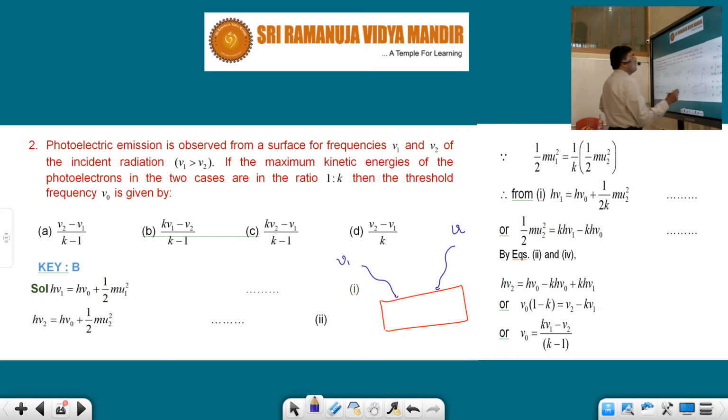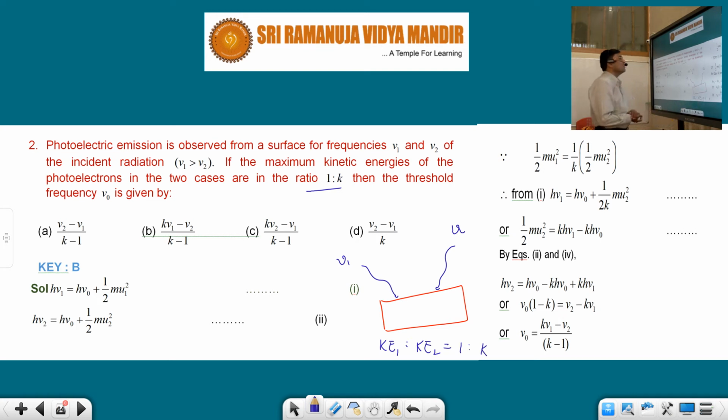It is given that nu1 is greater than nu2. The maximum kinetic energies of the photoelectrons in the two cases are in the ratio KE1 to KE2 equal to 1 to K.